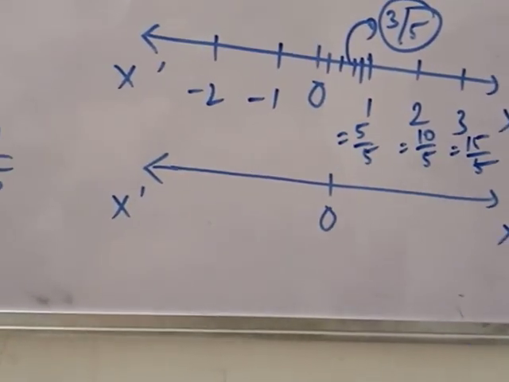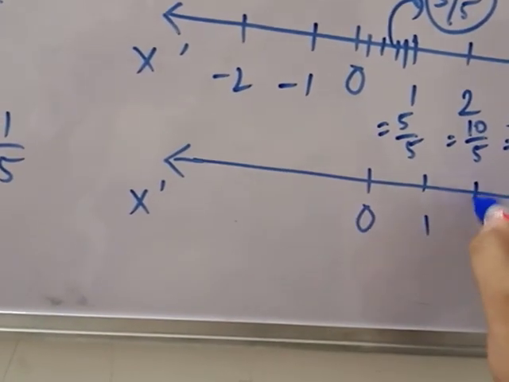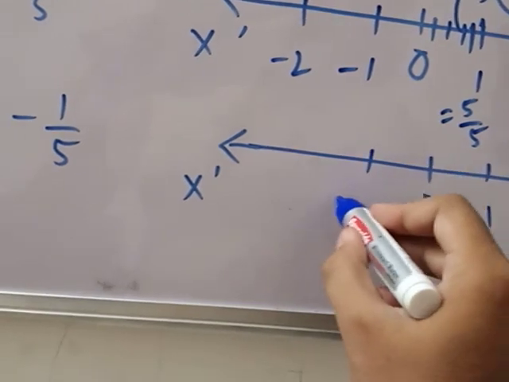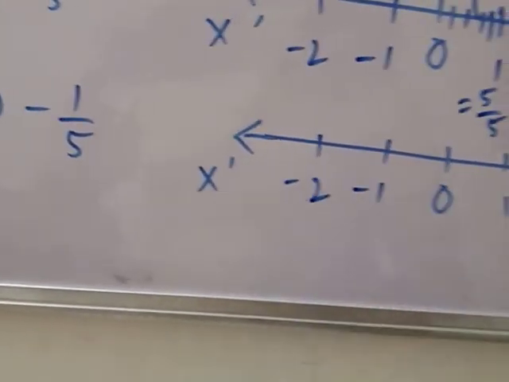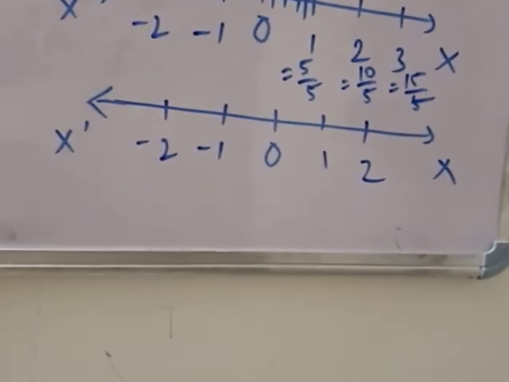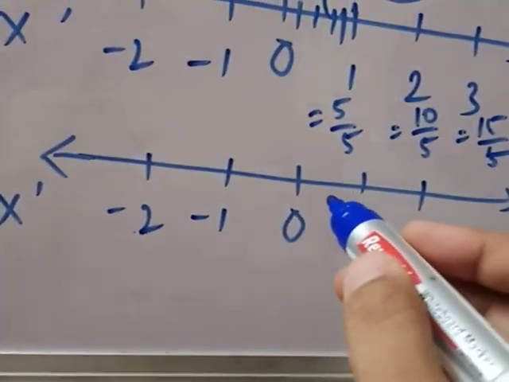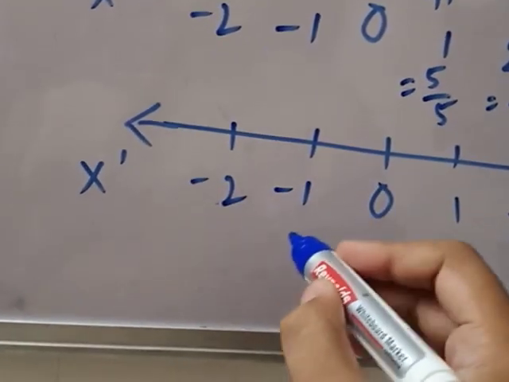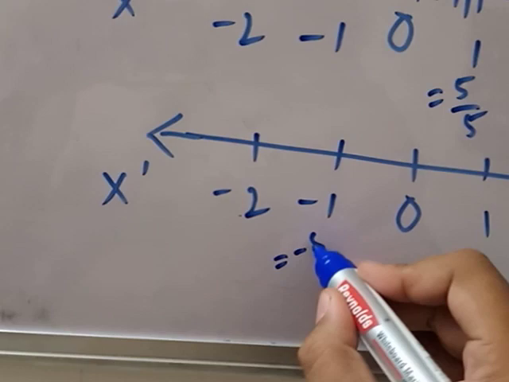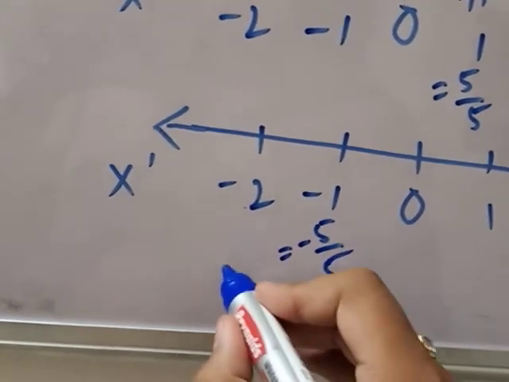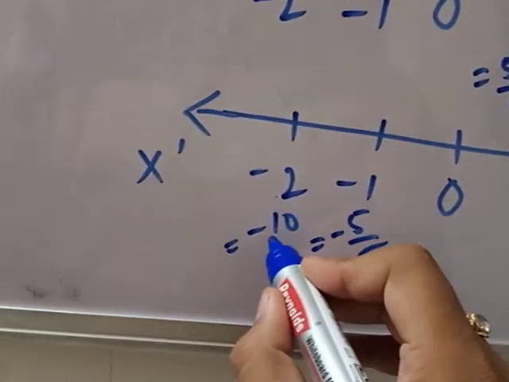Next, minus 1 by 5. So now 1, 2, here minus 1, minus 2. So in the minus 1 by 5, you have to choose the negative side. That means you have to write minus 1 as minus 5 by 5, and this is minus 10 by 5.